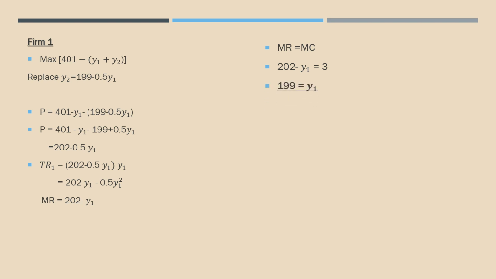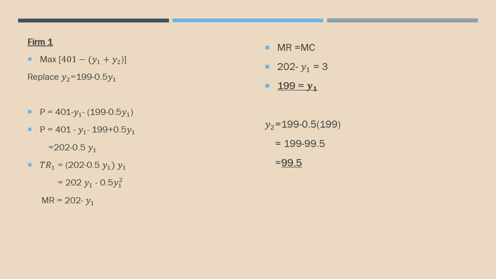So the value of Y1 is 199. I replace 199 in the Y2 equation, 199 minus 0.5 times 199, and here I get Y2 equal to 99.5.